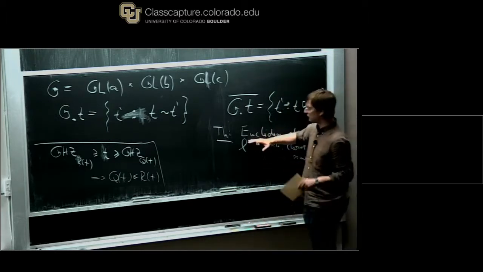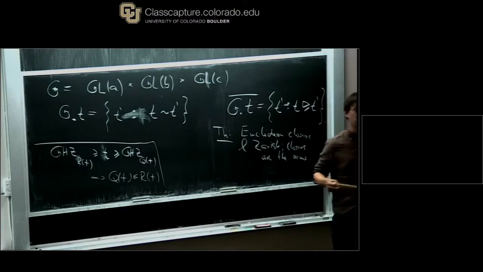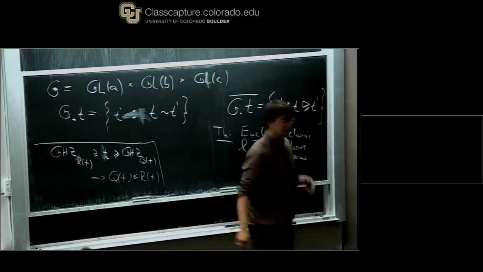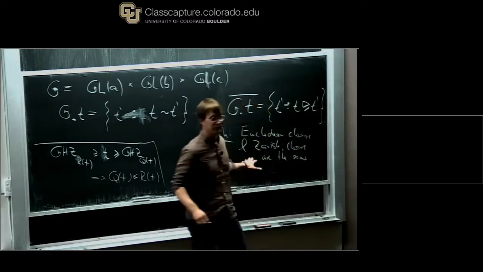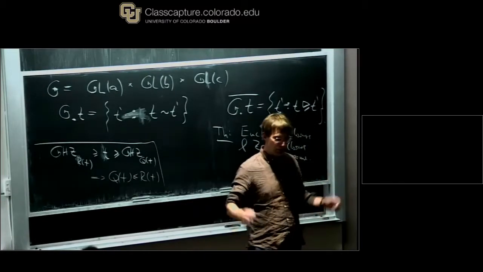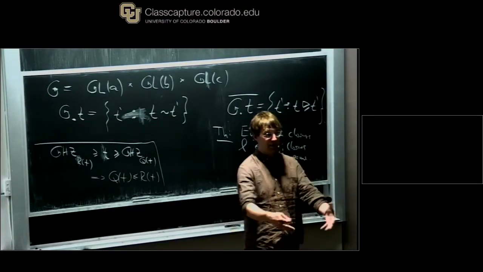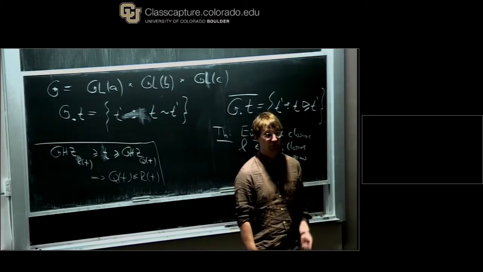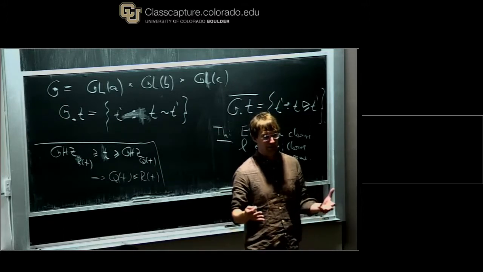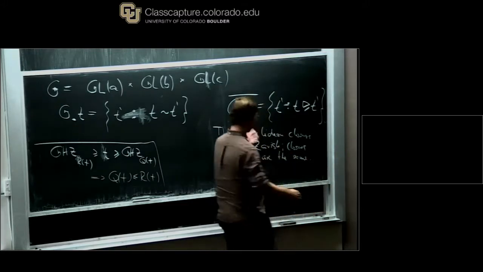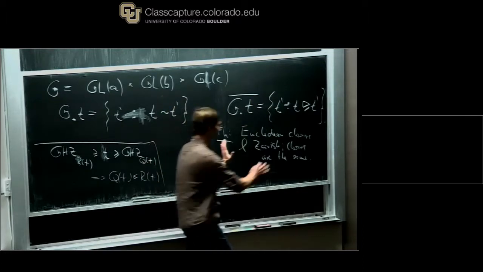If you think about your normal distance measure, that gives you some topology on the set of tensors, and the Zariski topology is the topology obtained by saying the closed sets are the zero sets of polynomials. And it turns out that these two things are the same. It's just a side remark.